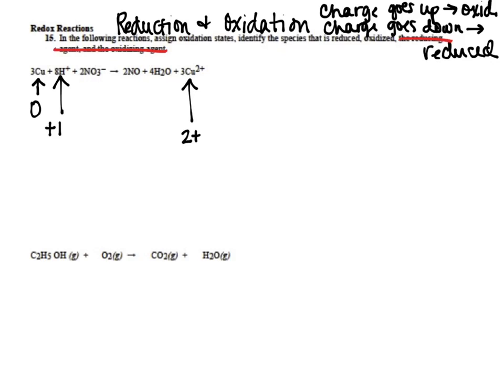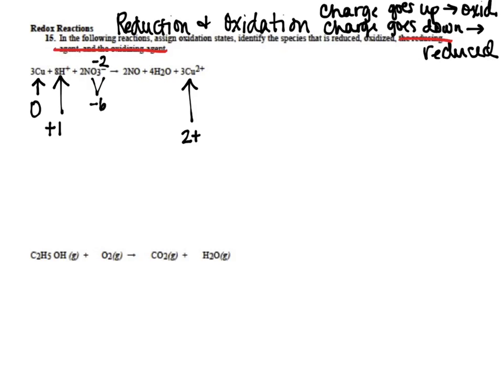Okay, so next, any polyatomic ion, like we have here NO3, the first thing is oxygen's oxidation number is always -2. So here, oxygen has an oxidation number of -2, and we have 3 oxygens. So what's that total? -6.